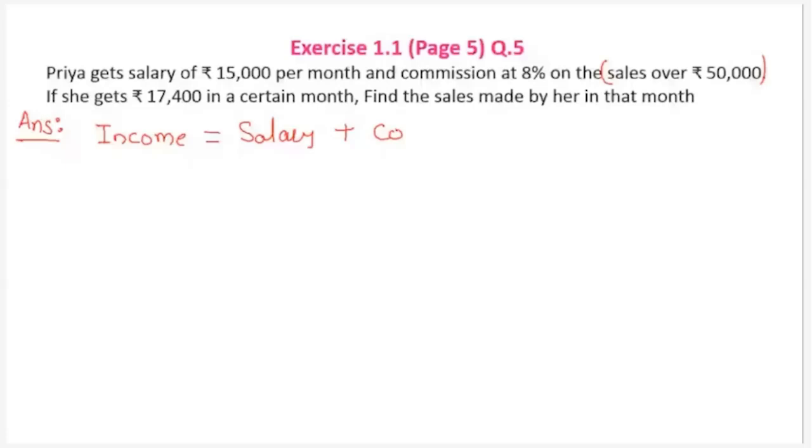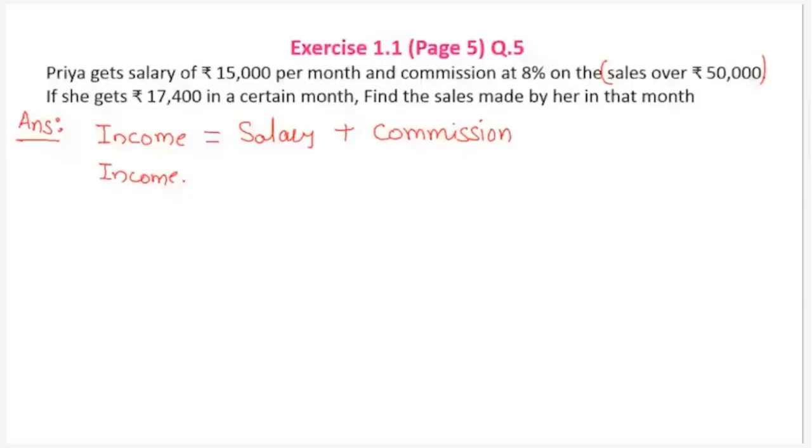Income of Priya is equal to salary plus commission. Clear this much? Now further, income is equal to salary as it is, plus commission.